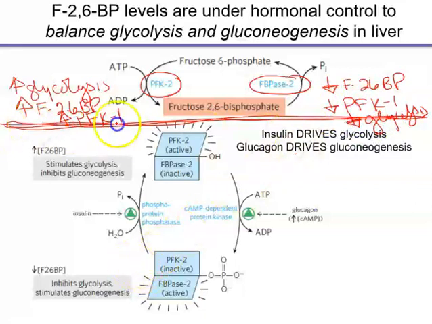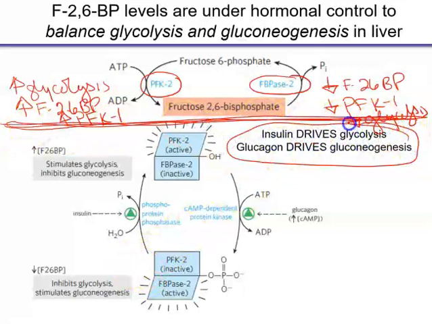If we look at the bottom panel here now, the key thing to remember is that insulin drives glycolysis because insulin is trying to act to reduce glucose levels. So we're going to cause glucose to get burned up in glycolysis. Glucagon, the help my glucose is all gone hormone, is going to drive gluconeogenesis. So we're going to make more glucose because we need more glucose.